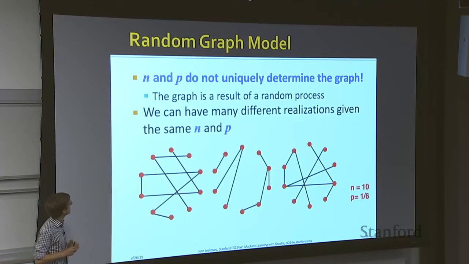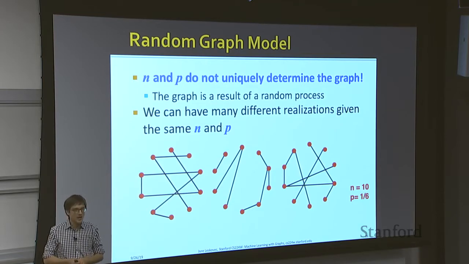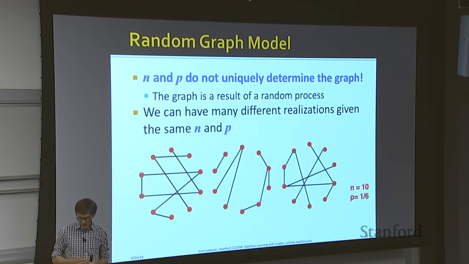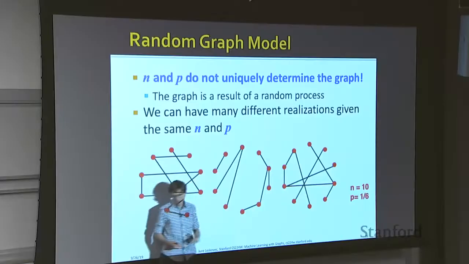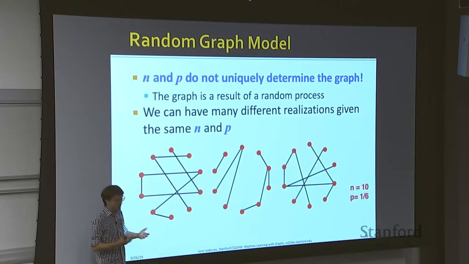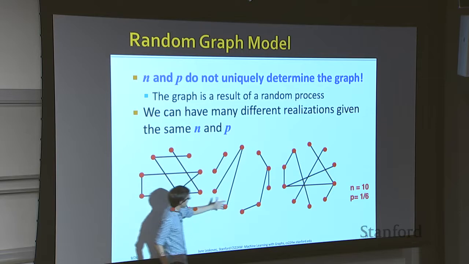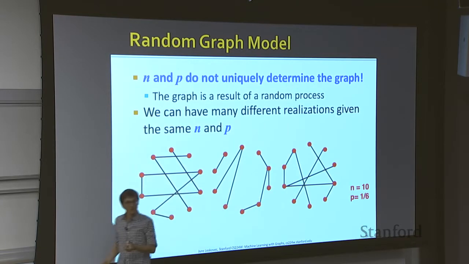What is important to know is that for G(n,p), as well as G(n,m), the network is not uniquely determined, but is the result of a random process. So if I pick some parameters n and p and generate graphs, these graphs will look different, and they will have a different number of edges. They will all have the same number of nodes, but they will be a bit different because all these edge events are stochastic, random events, right?